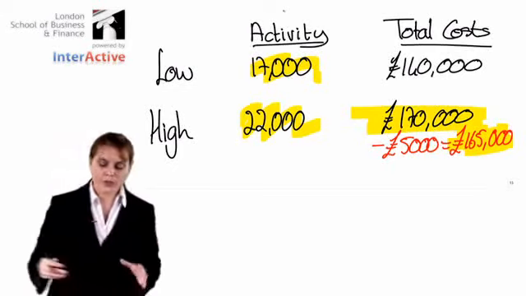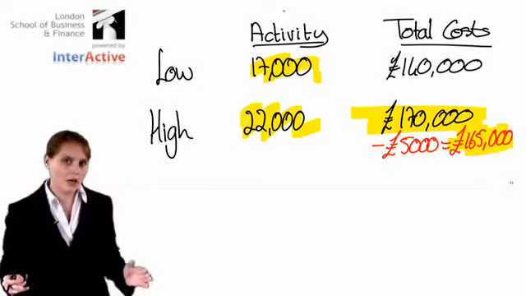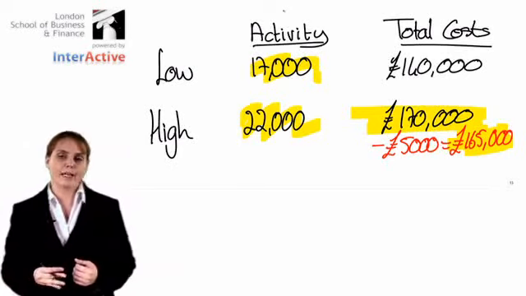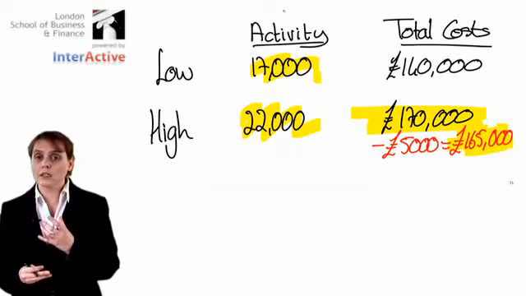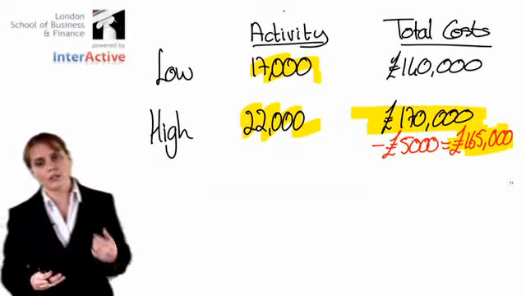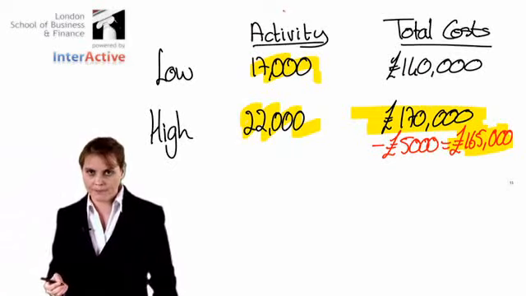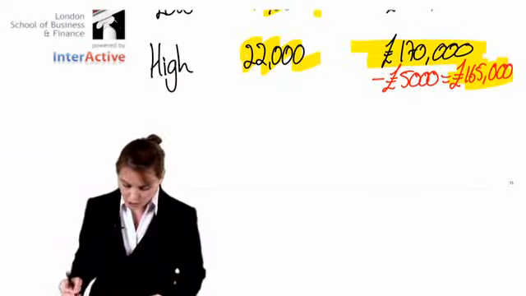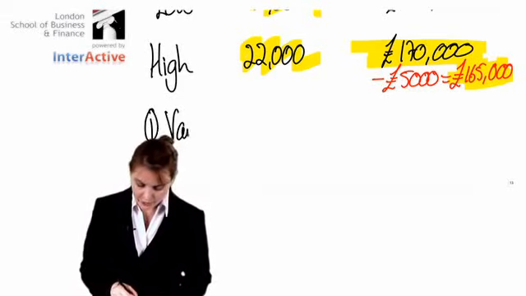Now, if we use this adjusted total cost figure with our low level of activity information, then our fixed costs are constant across the two levels of activity. So we can move into our steps then. Step 1, we calculate the variable cost per unit.